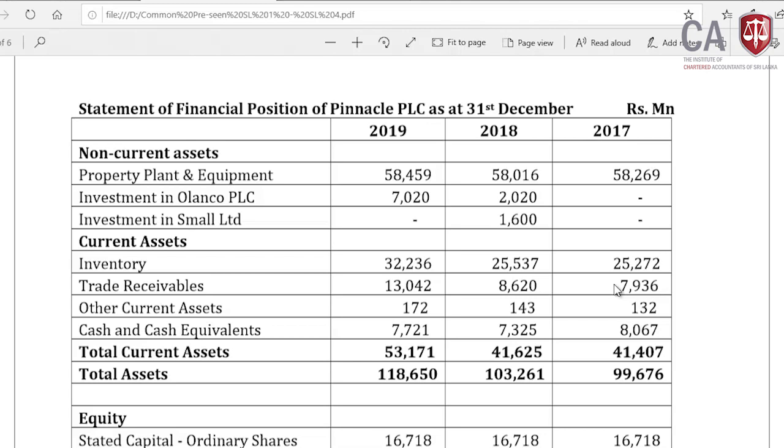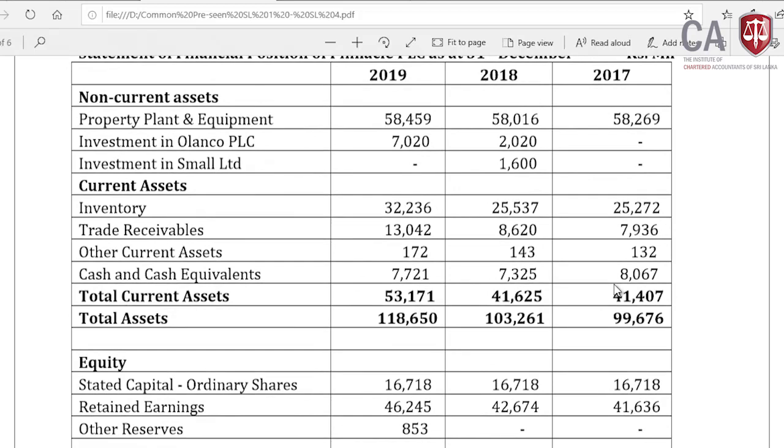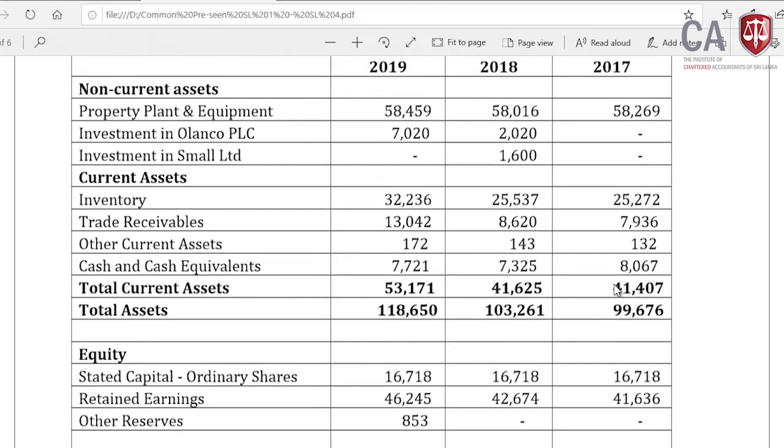Then current assets have increased up to 53,171. Then total assets have increased up to 18,650.